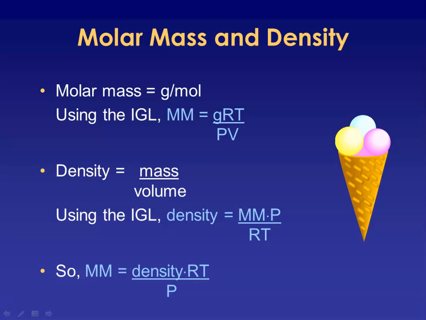We can also use that relationship to look at density. You could be given a mass and you could use your ideal gas law to solve for volume and then divide the two.